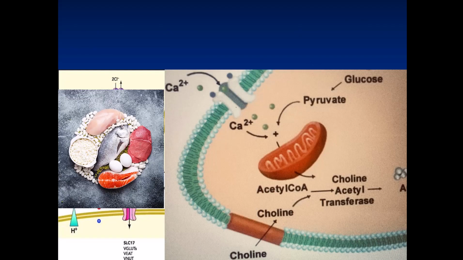Now, this was the story of the acetylcholine cycle. Now, here we will discuss how acetylcholine is synthesized.